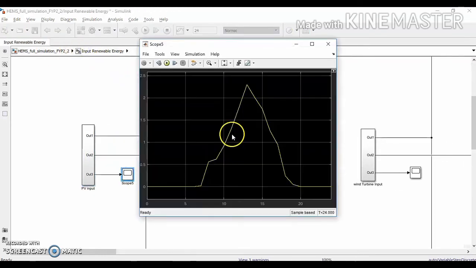So we can see the peak hour is 1 AM, the peak power generated from the PV input.